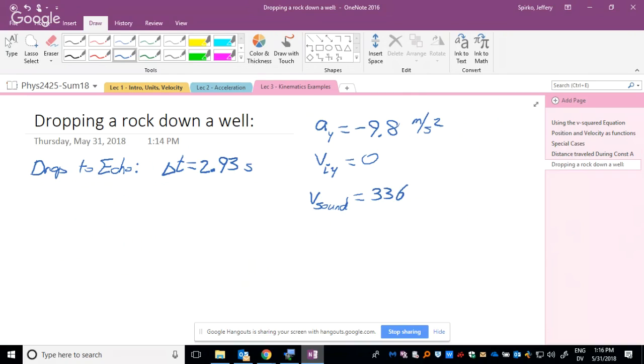But the process they give us the time for is not a simple constant acceleration process. The process they give us the time for is a two-stage process. There is a falling of an object with an initial velocity of 0 and an acceleration of 9.8 meters per second squared. And then there is a process of the sound coming back and the echo gets to our ears. That's a constant velocity process for the second half.